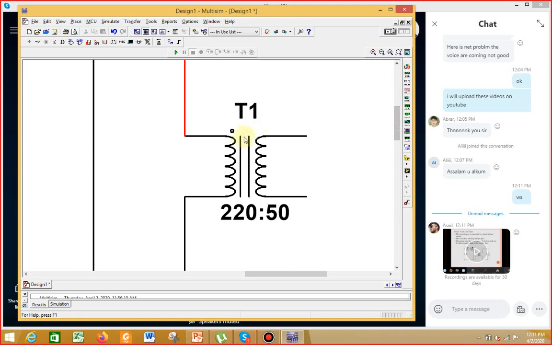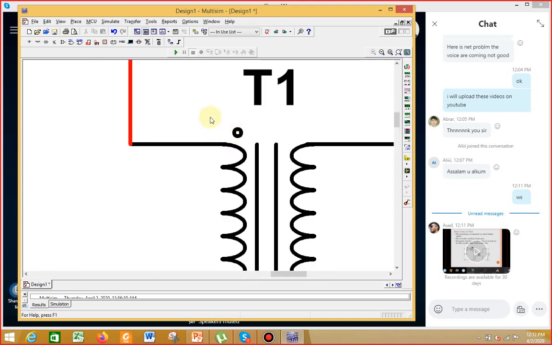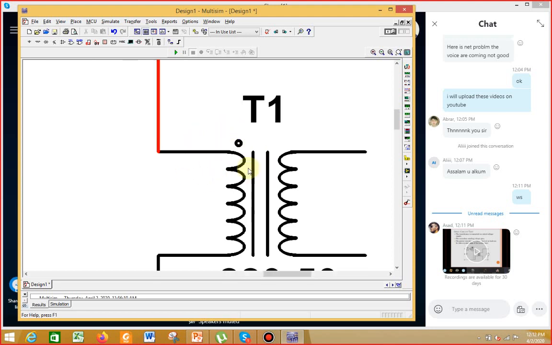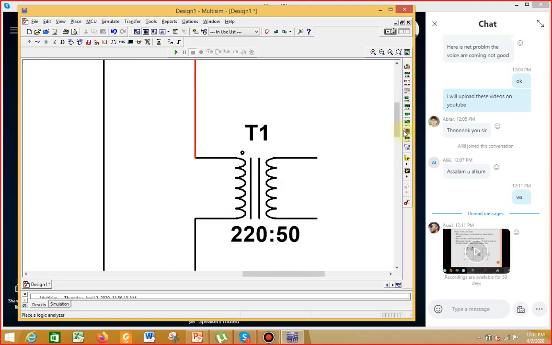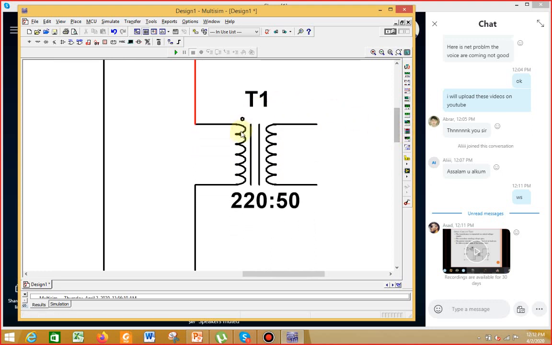Also, how will you know which side is primary and which side is secondary? You can see a dot over here, and this dot is representing the phase of your primary winding.